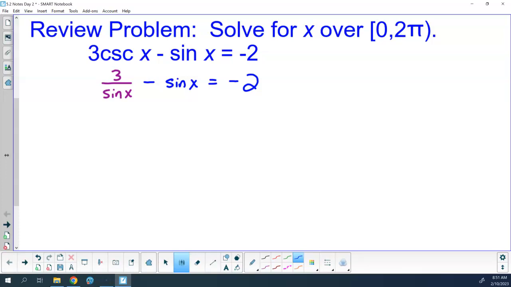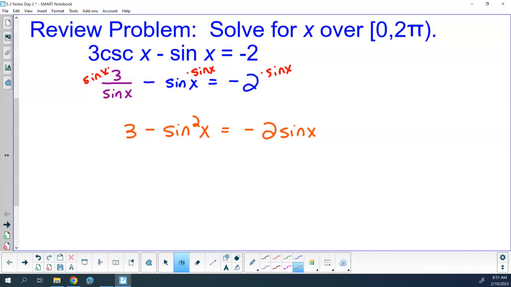But then you have to multiply by sine to clear that fraction up. So we could also just multiply everything by sine right from the start. If I do that, then this becomes 3 minus sine squared of x equals -2 sine of x.